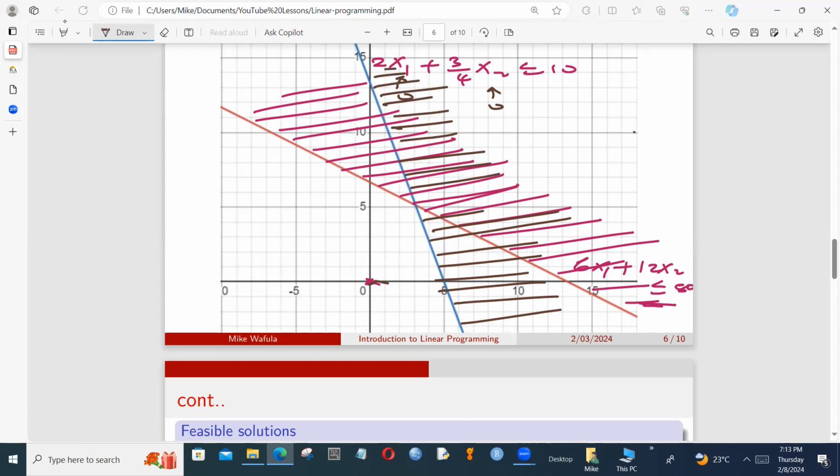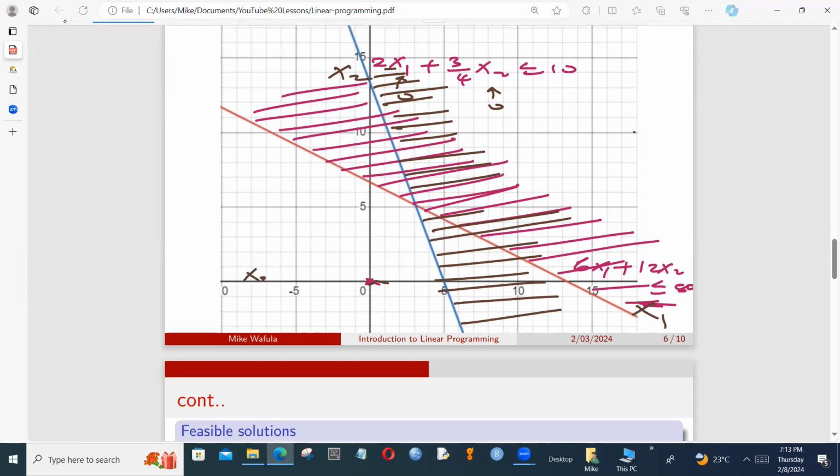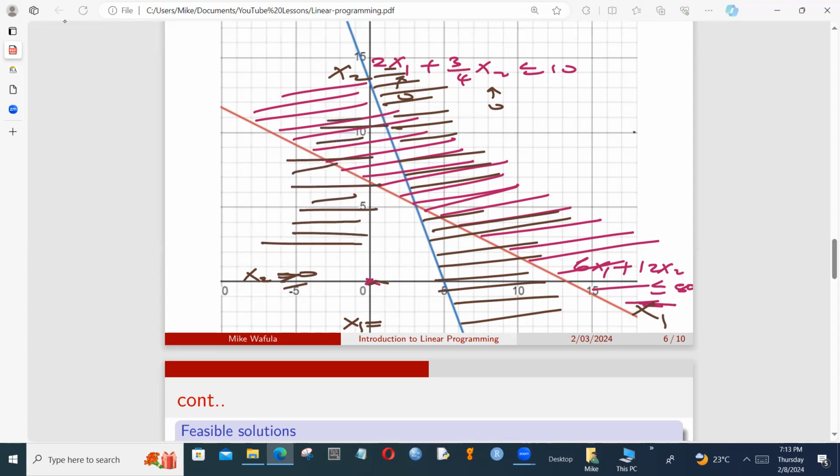And then when you plot, because this axis is x2 and this is x1, if we look at this line as x2 equal to 0, and this one the same as x1 equal to 0, then if I want x2 greater or equal to 0, it means I'll be shading out this particular region, this negative side of the x-axis.